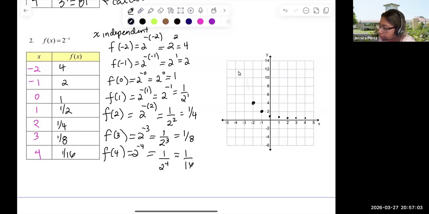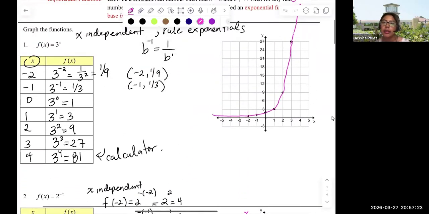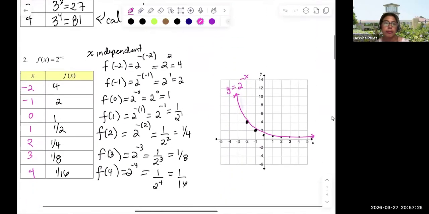So then my graph will look like this. This graph is y equals 2 to the negative x. See how the order changed now? Instead of increasing, I'm decreasing. I'm approaching 0. Instead of approaching infinity, I'm approaching 0.